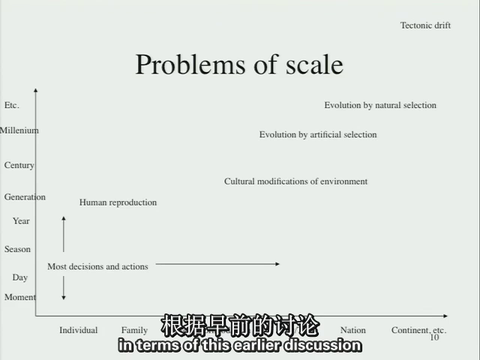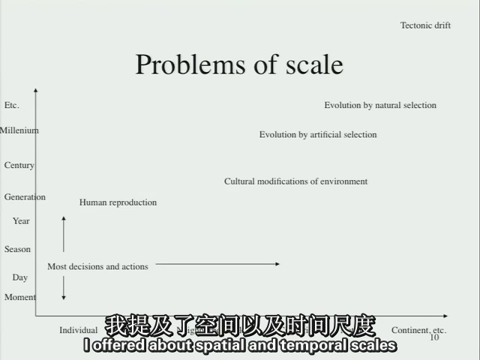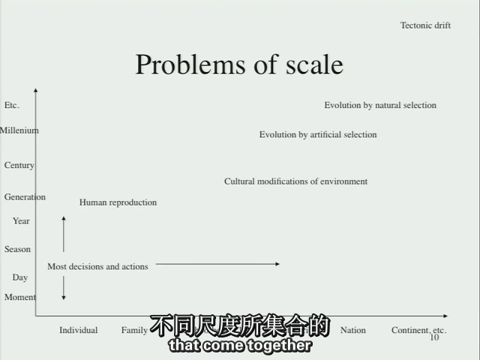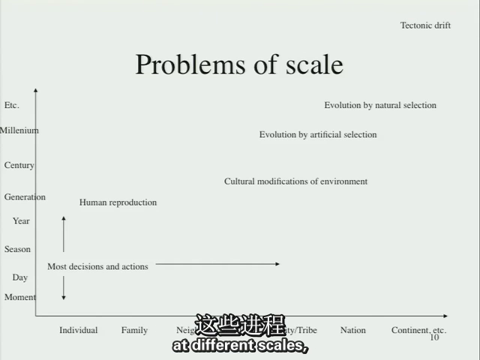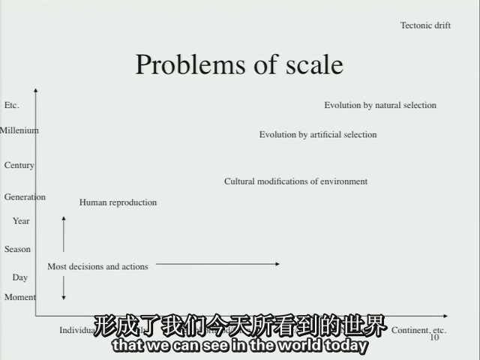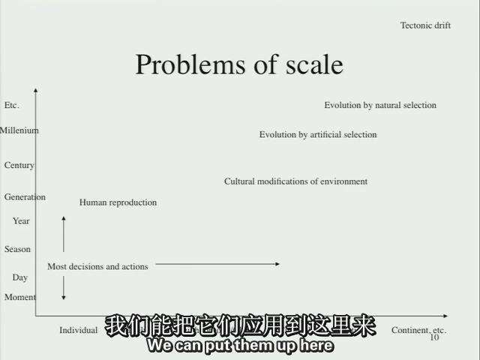Thinking about this in terms of the earlier discussion I offered about spatial and temporal scales, and understanding the processes that come together at different scales and interact across those scales to produce outcomes, patterns that we can see in the world today. We can put them up here.